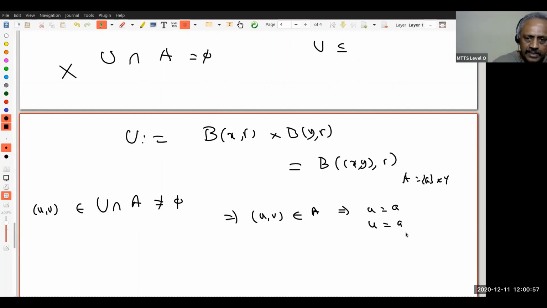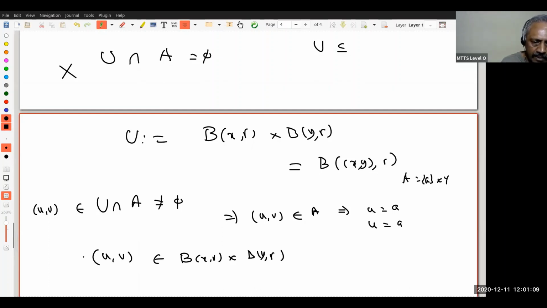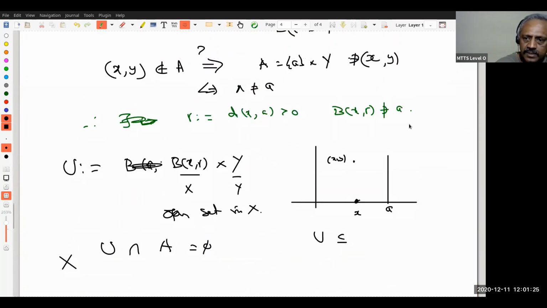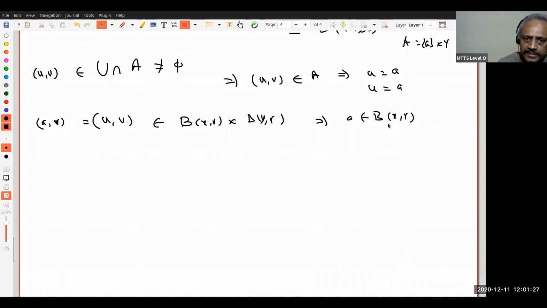But remember, this (u, v) belongs to B(x, r) cross B(y, r). But now I concluded u is nothing other than a. Therefore, (a, v) belongs to B(x, r). That means in particular a belongs to B(x, r). This is a contradiction because we chose r so that a is not in B(x, r). Do you follow that?